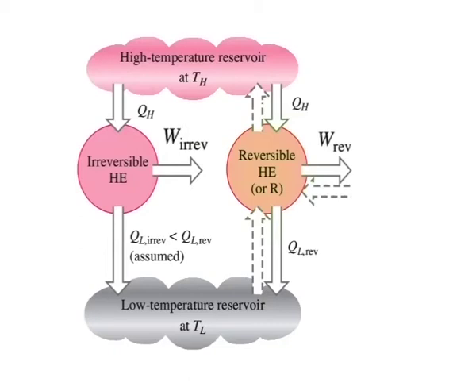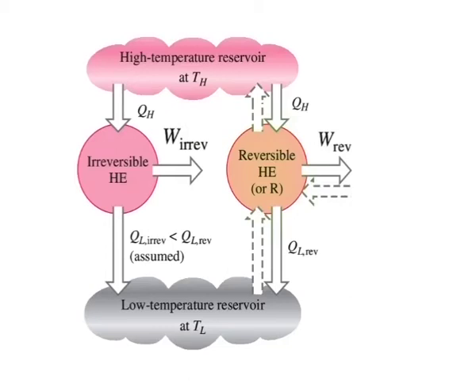Since the refrigerator is rejecting heat in the amount of QH to the high temperature reservoir and the irreversible heat engine is receiving the same amount of heat from the reservoir, the net heat exchange from this reservoir is 0. Thus, it could be eliminated by having the refrigerator discharge QH directly into the irreversible heat engine.